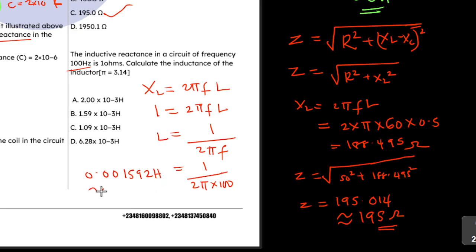And this is in standard form: 1.592 times 10 raised to the power minus 3 Henry. So the closest answer here is option B. Since the question did not ask you to approximate, and you have 1.592 in the options, you have to go for 1.592. I believe that is very clear.